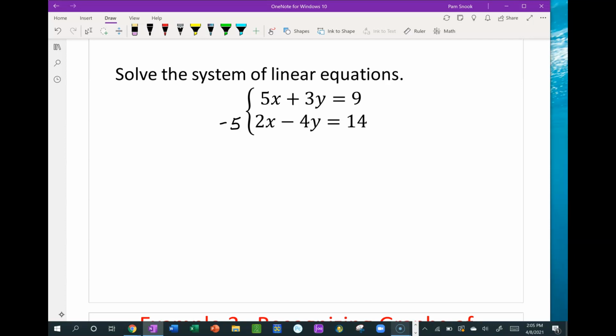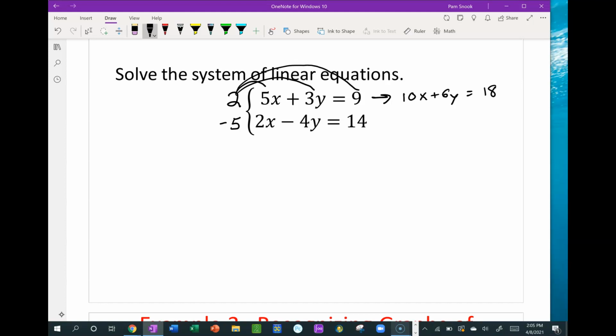Now for my first equation, I'm going to take the 2, that's the coefficient of x in the second equation, and I'm going to multiply the first equation by that 2. And so watch what happens. I just distribute my 2, so I get 10x plus 6y equals, and distribute the 2 across here, 18.